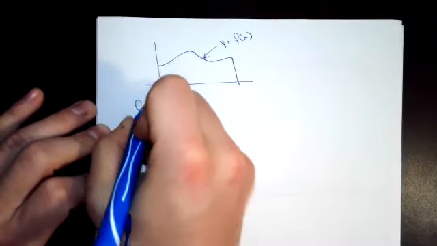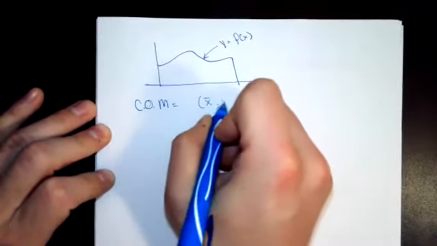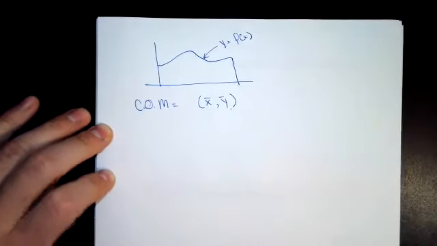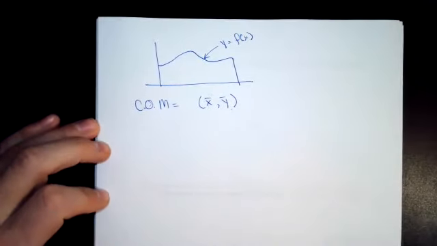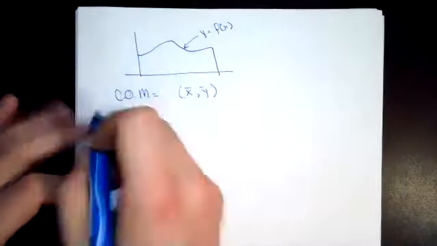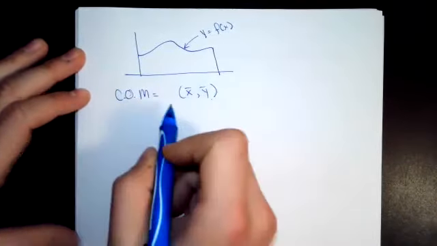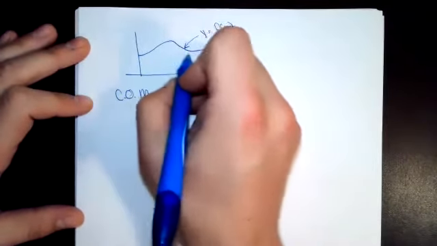And what we want to find is not just the x coordinate, but the y coordinate of its center of mass. And so now what do we have to do? Let's introduce some notation just to simplify some things. So we have y equals f of x as the shape.